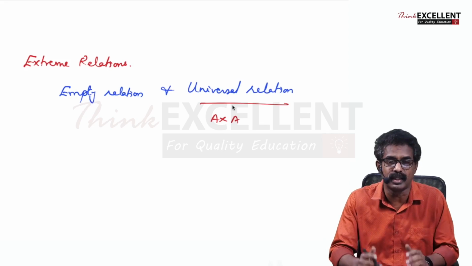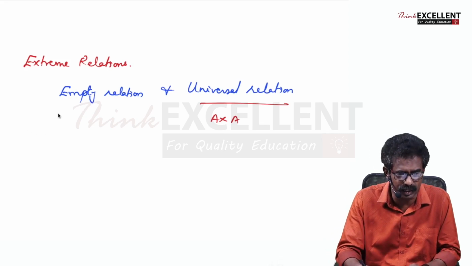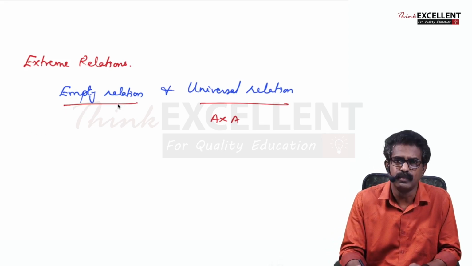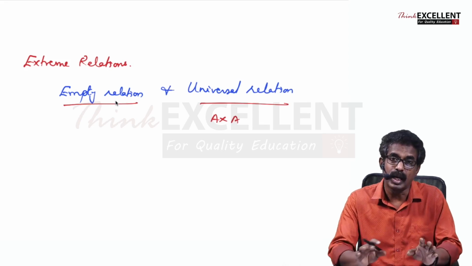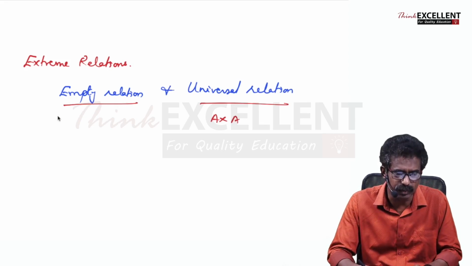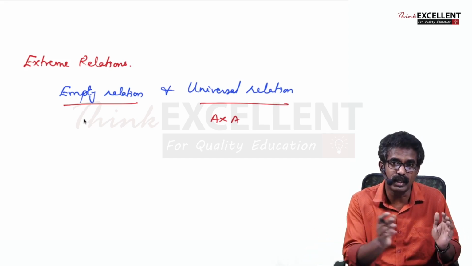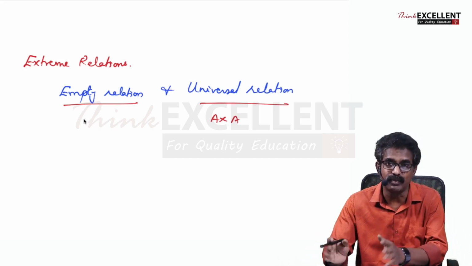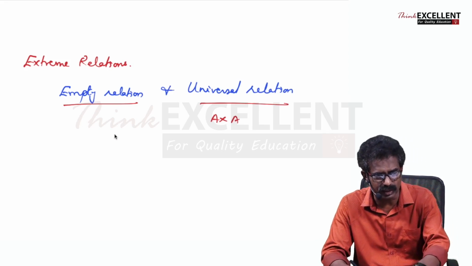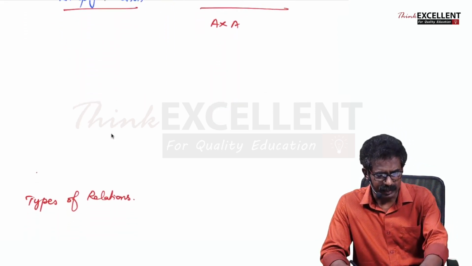So the biggest one is called the universal relation. And the empty relation has no element. These are the two extremes. In one there is no element, another one contains everything, that is A cross A. So these are called extreme relations.